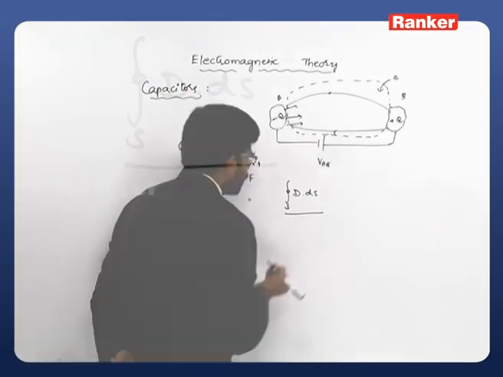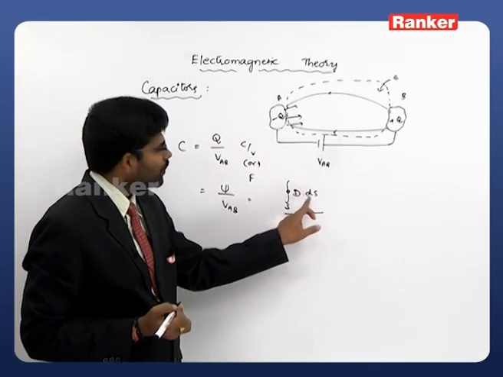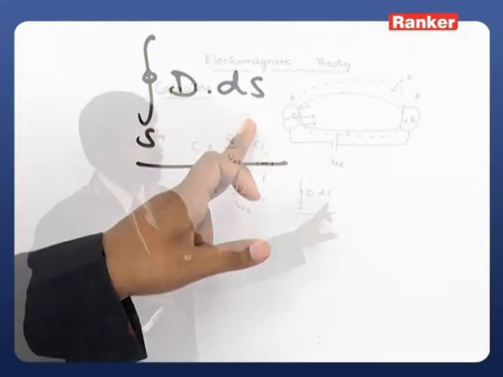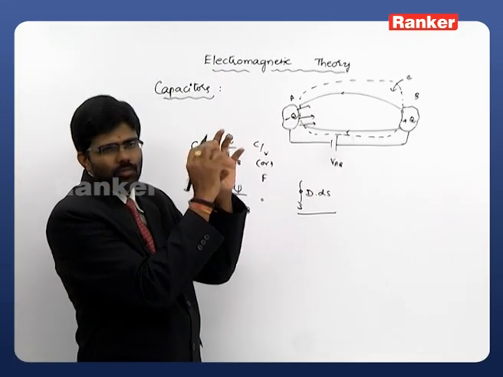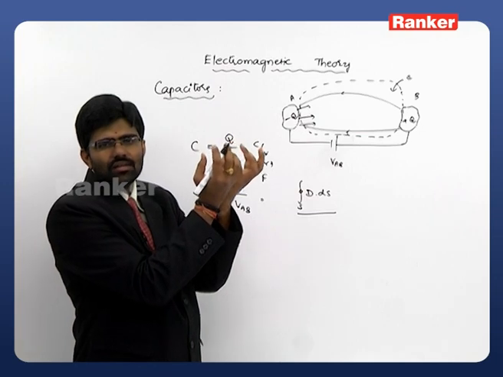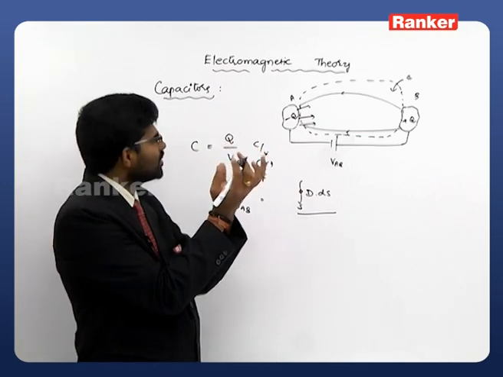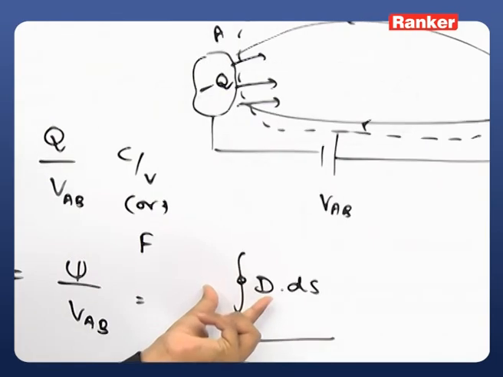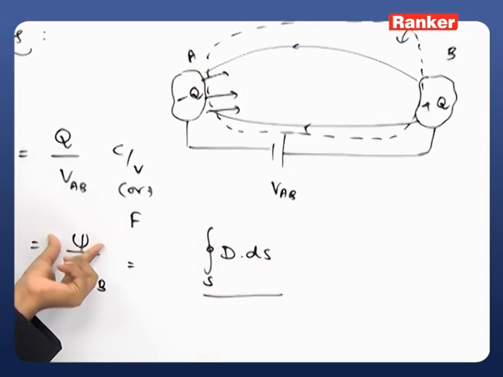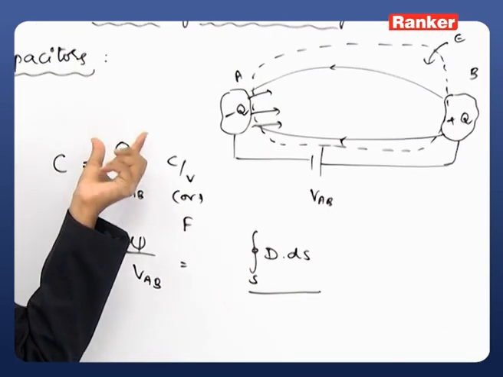I will replace that flux with the surface integral of D dot ds. Here we are considering a closed volume, a bounded conducting material. Since it is bounded, the closed surface integral of D dot ds gives us the flux, and that flux must equal the charge.